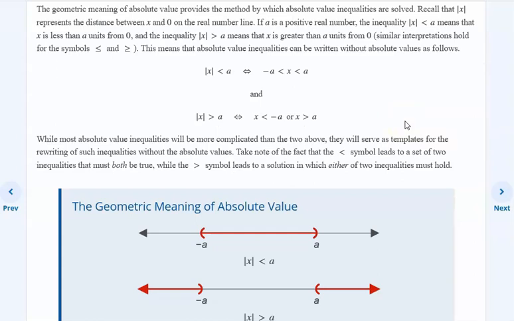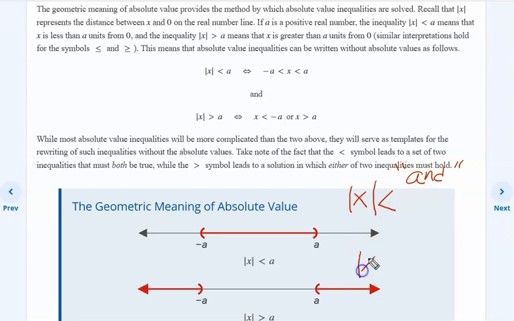So, two things to remember, and I'll emphasize that here. If you have the absolute value and the inequality sign is less than, this is the word and. That is, both must be true.